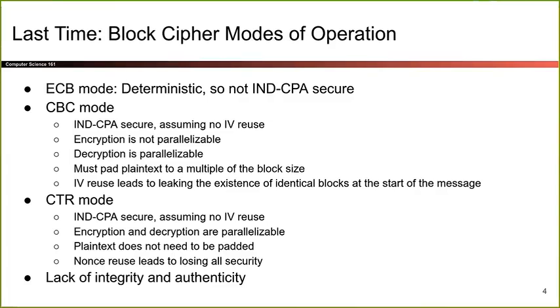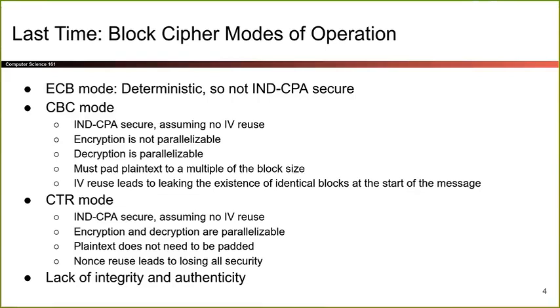So to encrypt, I just XOR the pad output with the plaintext, and to decrypt, I just XOR the block cipher output with my ciphertext. So that's counter mode. Again, if you don't reuse the nonce or IV, it's IND-CPA secure. If you do reuse the nonce, then you're basically reusing the key in a one-time pad. So you're out of all security because you're leaking lots of information. And we also talked about making it parallel and also whether you have to pad.